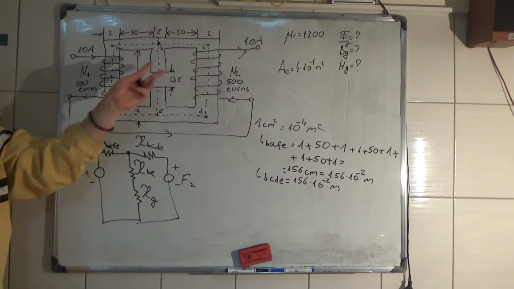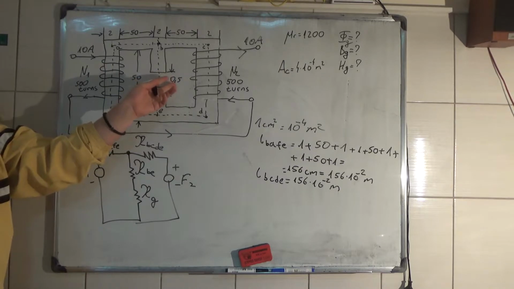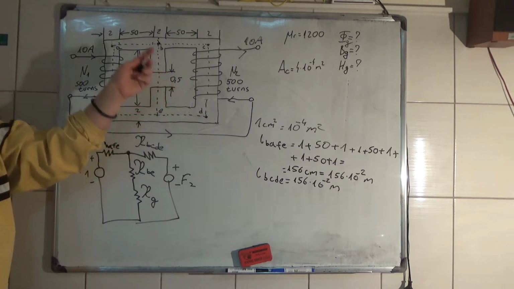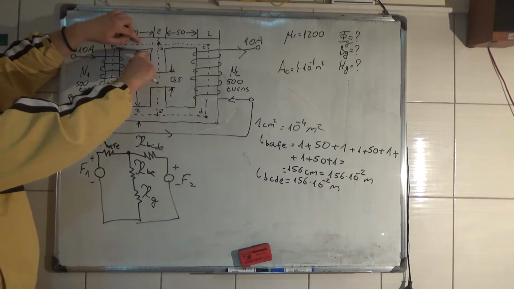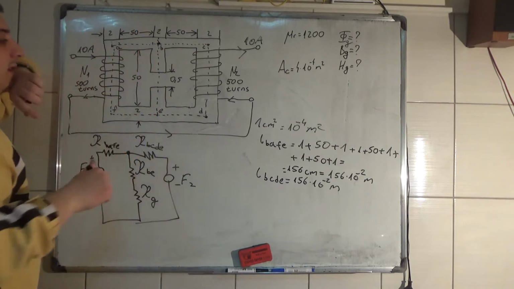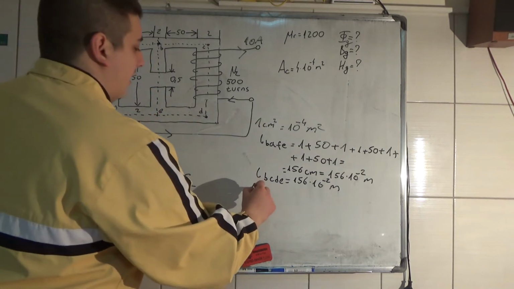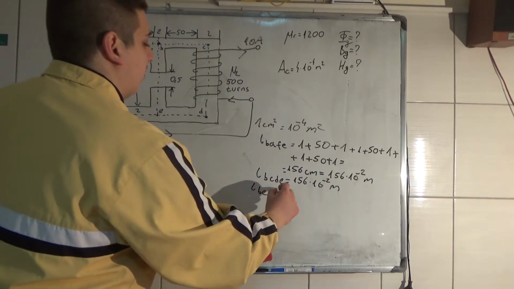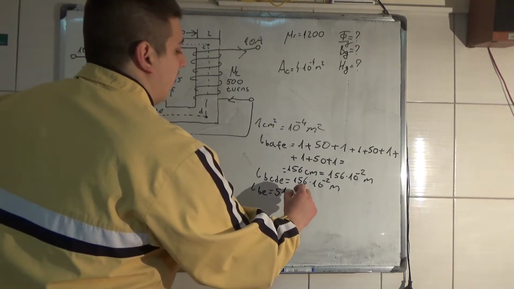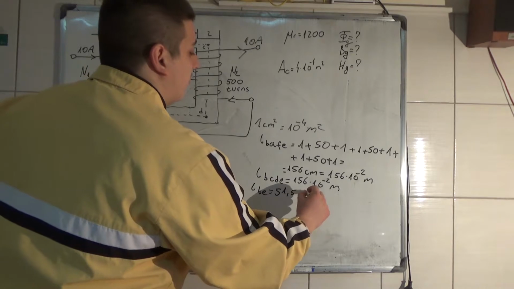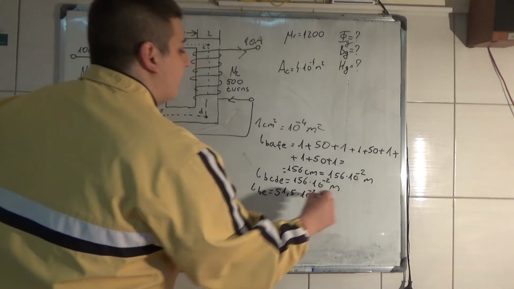So we have 50 minus 0.5 centimeters plus 1 millimeter and plus 1 millimeter here, and the length from B to E is equal to 51.5 times 10 to the minus 2 meters.